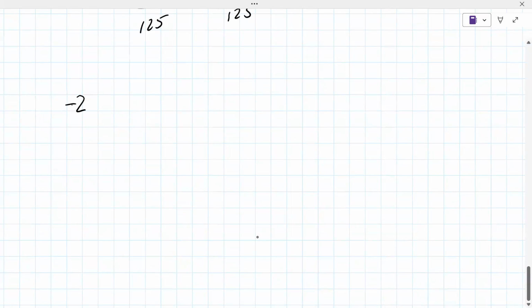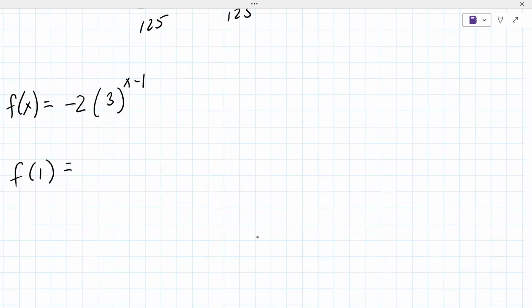Let's say it's negative 2 times 3 to the power of x minus 1. So let's start with f of 1. So f of 1 is negative 2 times 3 to the 1 minus 1 power. So see if you can take it from here. Like 1 minus 1, what is anything to the 0 power? And then you multiply by the negative 2.